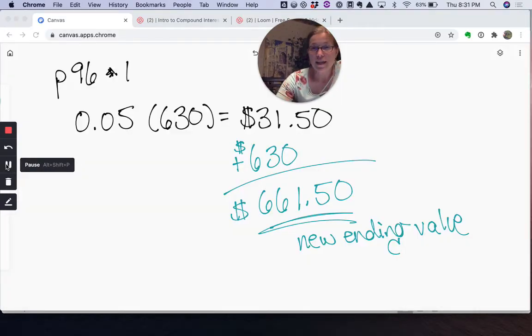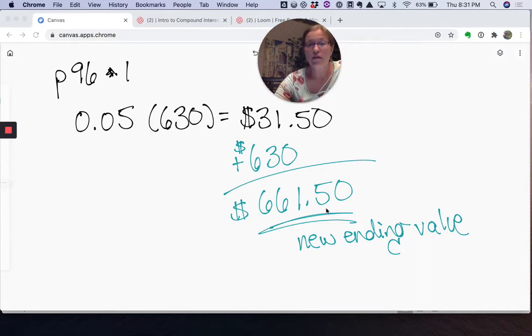So in number 1, we're just doing the arithmetic. 5% of our new account total is $31.50. So that is how much interest is earned the second year. Then we add it to the previous total, and our new ending value is $661.50.